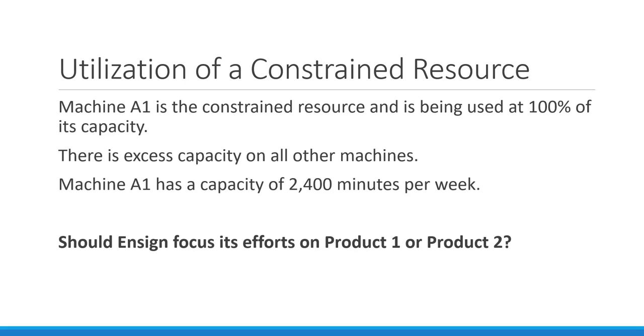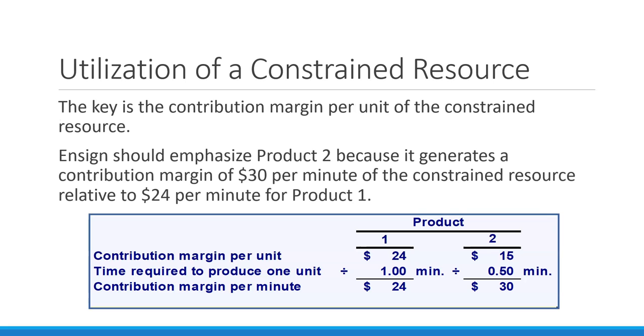What we want to know is what is the contribution margin per minute? Because that's what we're constrained by in this capacity. So the contribution margin per unit of the constrained resource. The unit of the machine A1 is by minutes. We have 2,400 minutes.